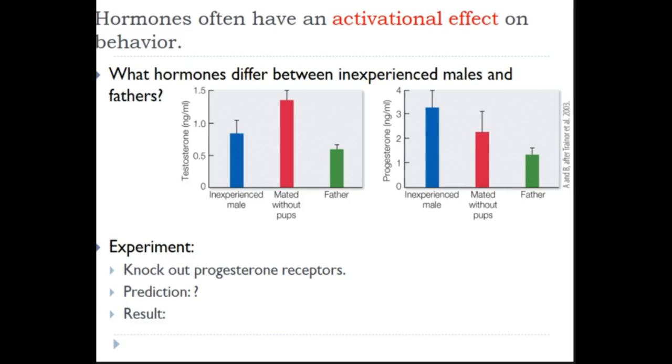If they no longer can detect progesterone when it's being produced, it would almost be like progesterone was never around. So what should that do to their behavior? Ideas? I like to think about predictions before we actually look at the figure so we know what we're looking at.